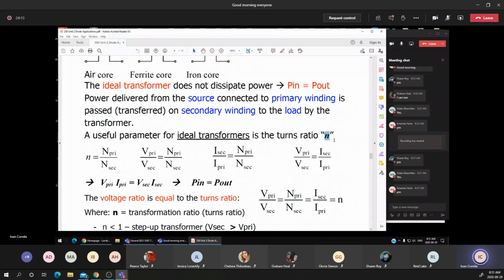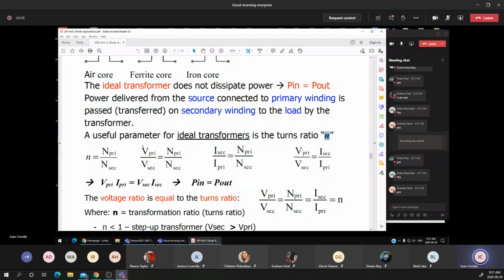In some other textbooks, you may see the turn ratio as lowercase a. Any of these notations may be used, or you may see a different notation. It does not make any difference. It's just a notation showing the ratio of the number of turns in the primary winding and the number of turns in the secondary winding.